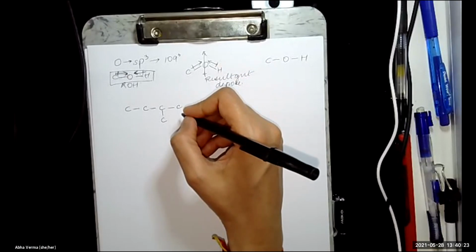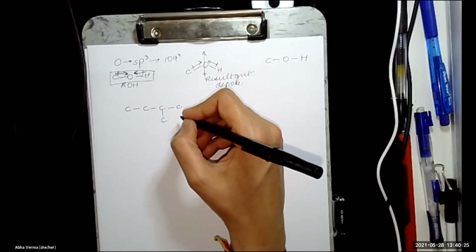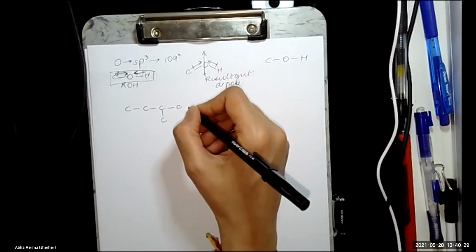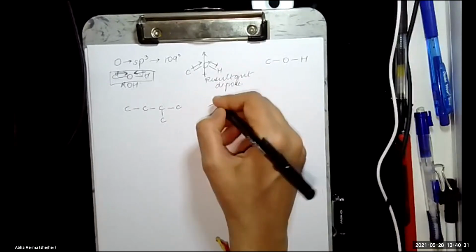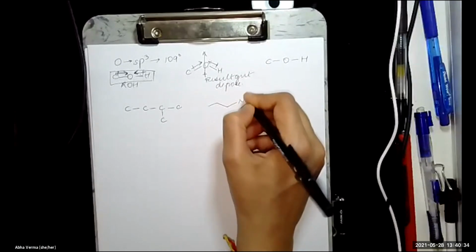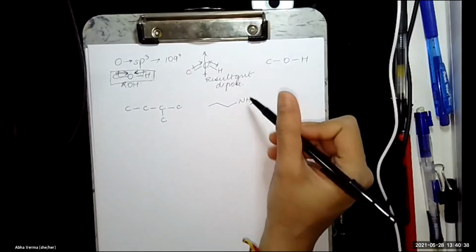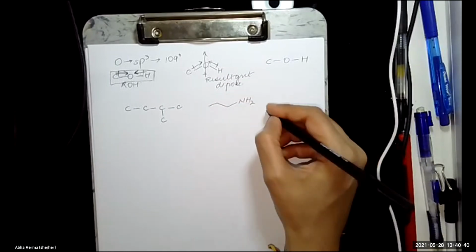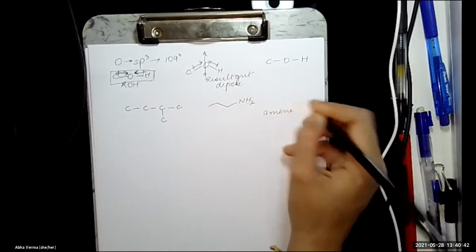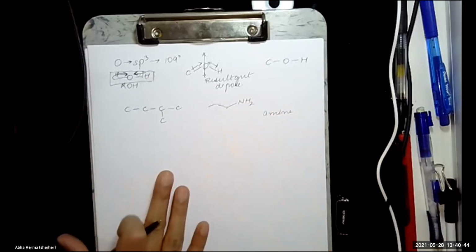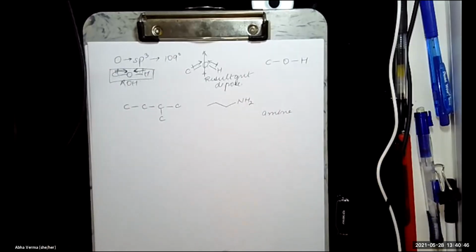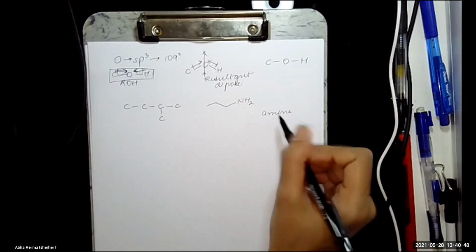Okay. So instead of doing this, how about if I have something like this? How will I classify this structure? This structure will be classified as an amine, not as an alkane, not as a hydrocarbon, but as an amine. Why?